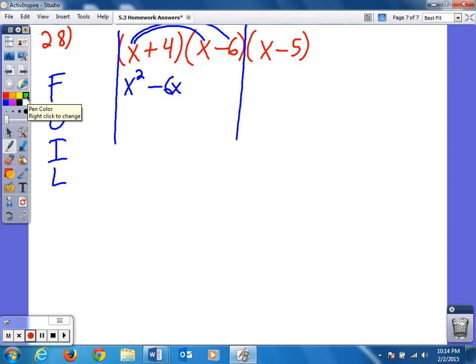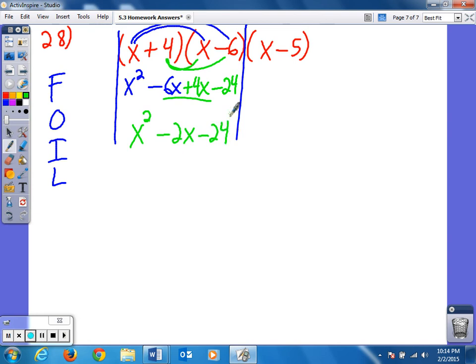Then we'll take the inners, the 4 times x, which gives us 4x. And then 4 times negative 6 gives negative 24. Combine the middle terms here, and we will get a trinomial, a polynomial with 3 terms. So that's going to give us x squared minus 2x minus 24.